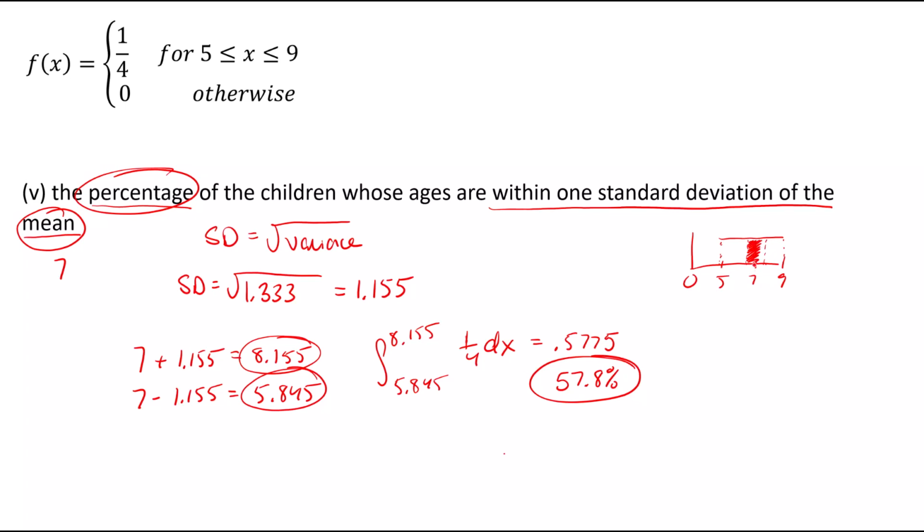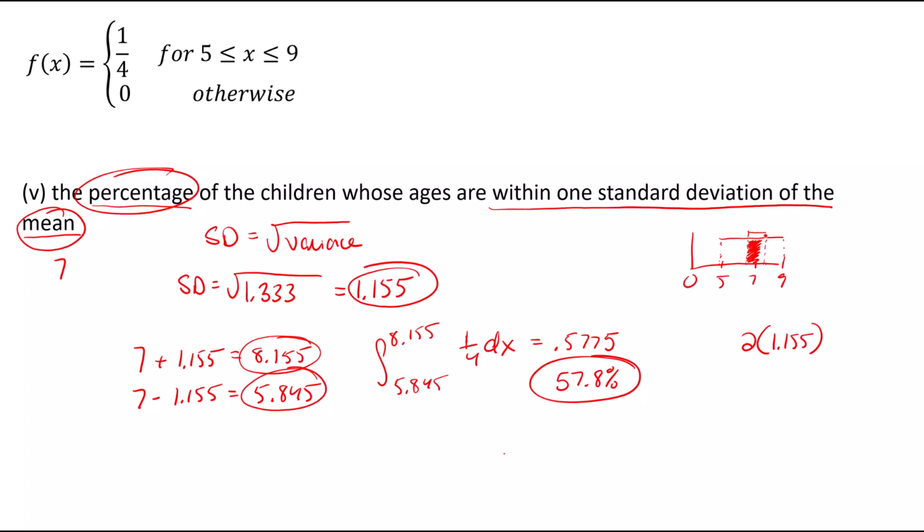And again, what I'm really doing is I'm saying I took this 7 and I went my standard deviation 1.155 to the right and 1.155 to the left. So that is really 2 times that 1.155. Okay, so that's how wide this is going to be.